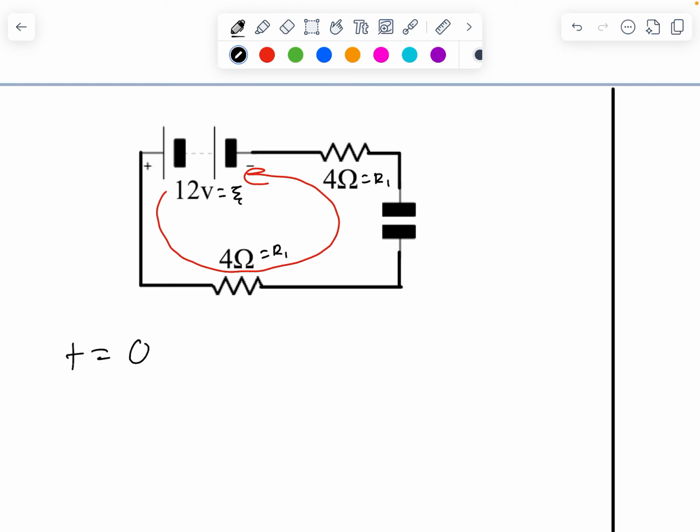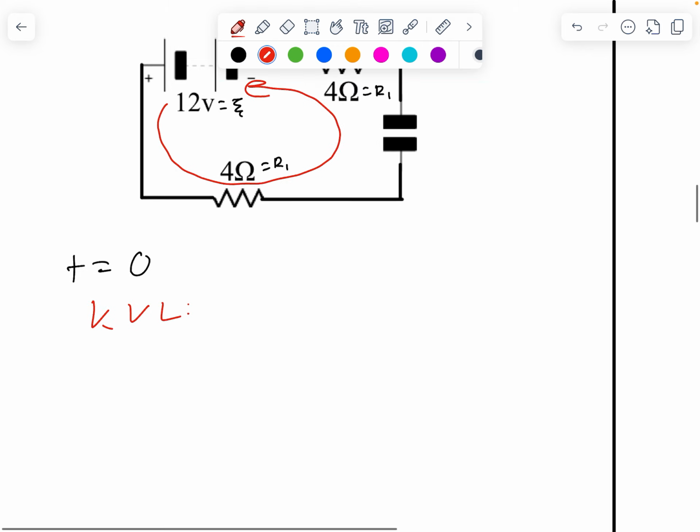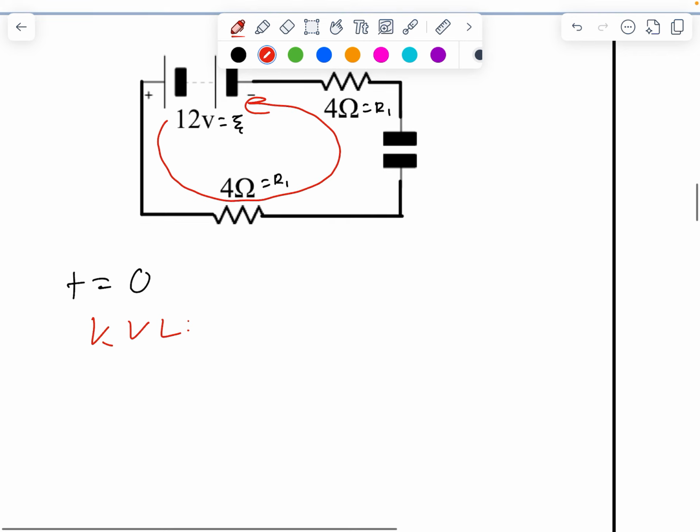If I write my KVL equation here, KVL just says the sum of the voltage rises and drops has got to add up to 0. So I take my EMF, and if I go around my loop, starting right here, I start with the 12-volt source. From that, I'm going to subtract I times R1. I'm not going to bother with the subscript on the I because we have a series circuit, so the current is constant in series.